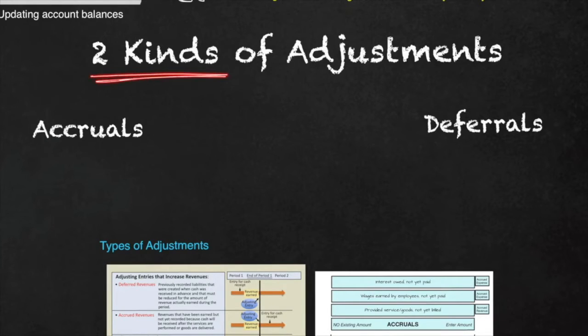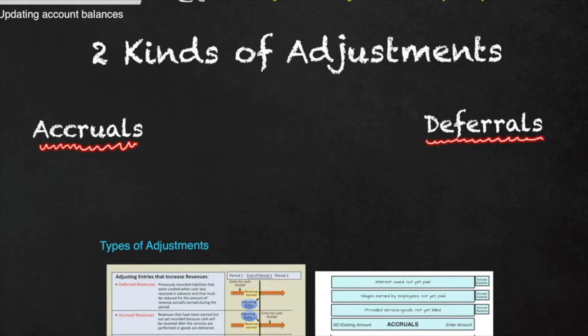Now I know adjustments can get a little confusing. So try to make it as simple as possible for yourself. Here's a breakdown. Remember that there are two kinds of adjustments. Two kinds. The first kind is called an accrual. So accruals. And the second type of adjustment is referred to as deferrals.